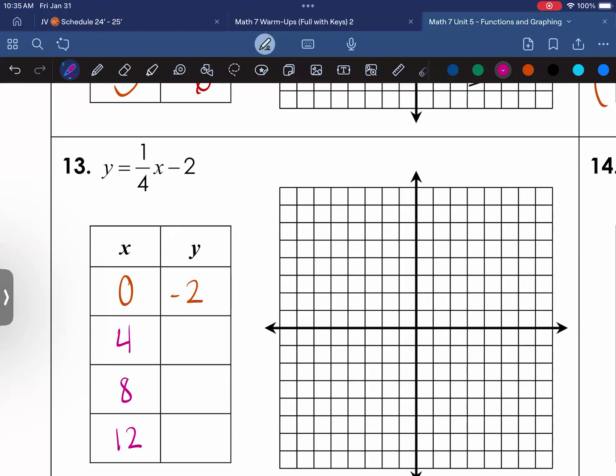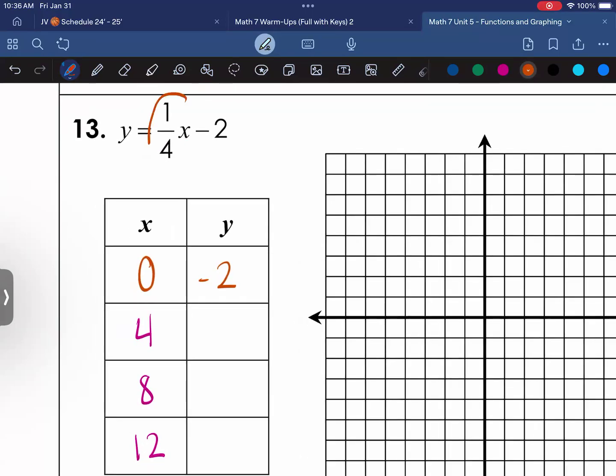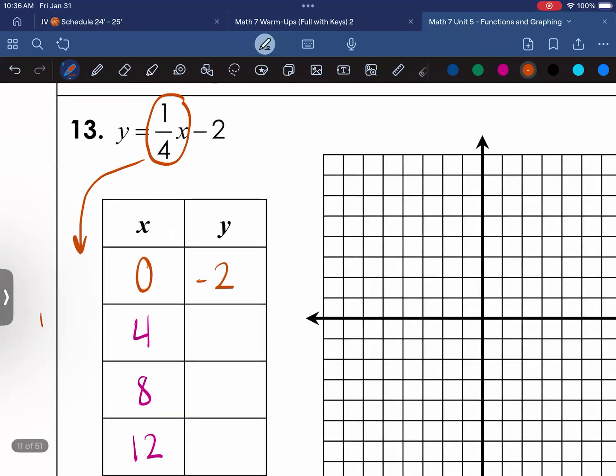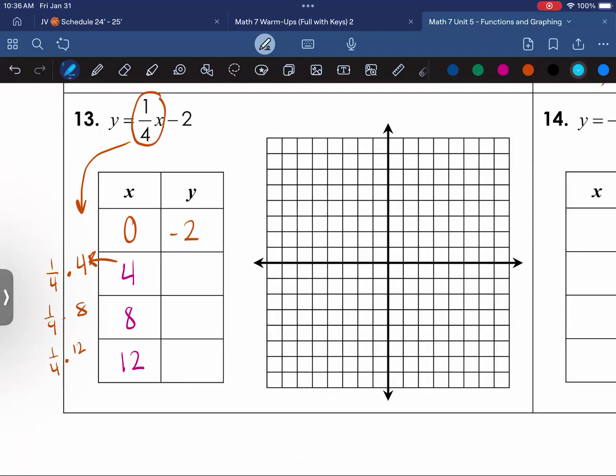So when I multiply these fractions, my first part is 1/4 x, and then yes, you still have to minus 2. But just for the 1/4 times x part, let's see what happens here. So if I have 1/4 times 4, since I picked 4, 1/4 times 8, and 1/4 times 12, what's going to happen when I do these fractions?